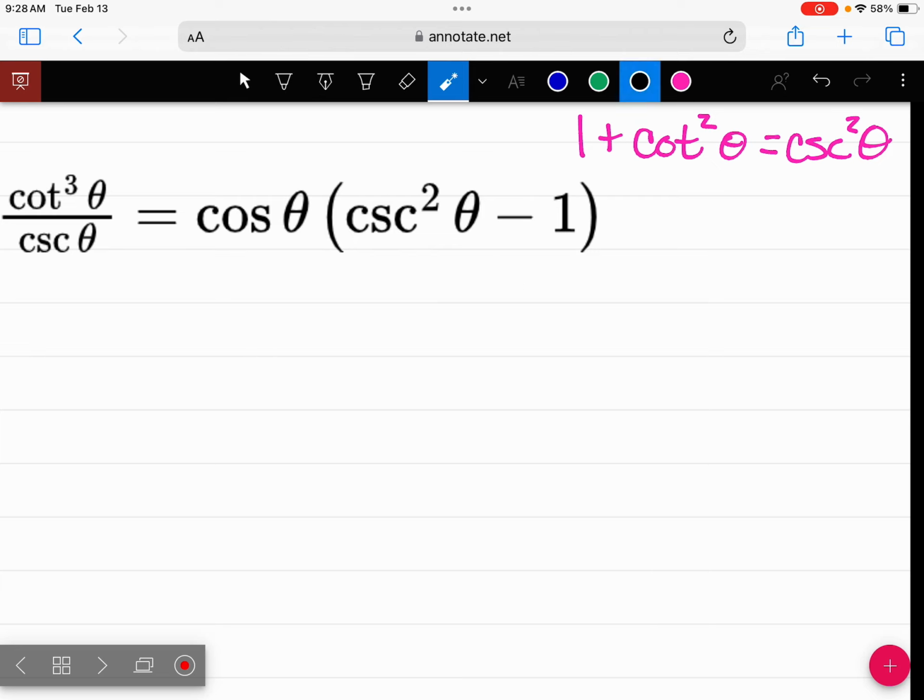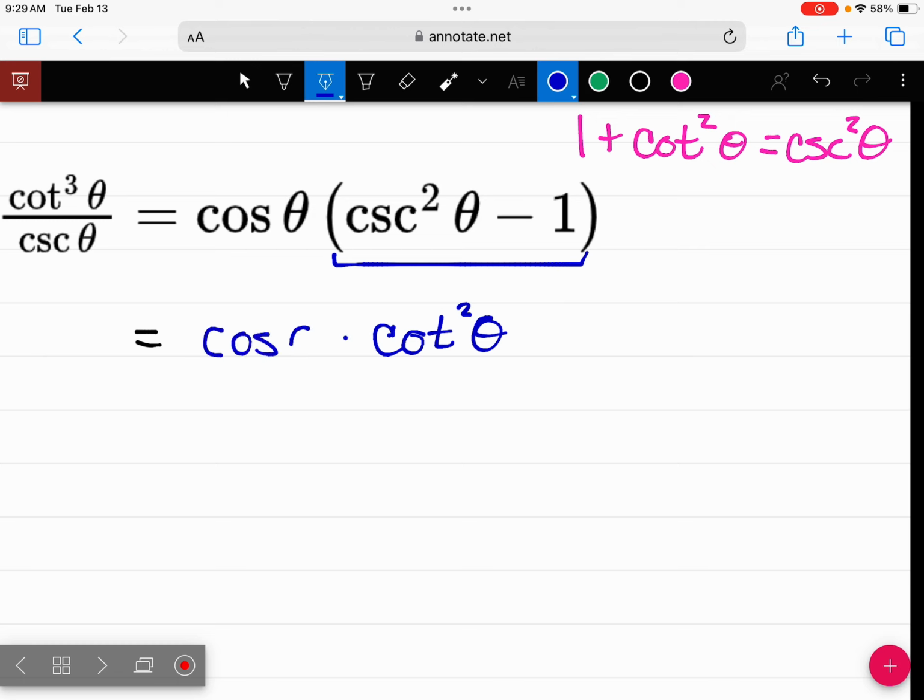So I'm going to work the right-hand side. Because what can I do over here on the right-hand side? Make it cotangent squared. Yeah, using that trig identity, this guy is the same as cotangent squared times cosine.